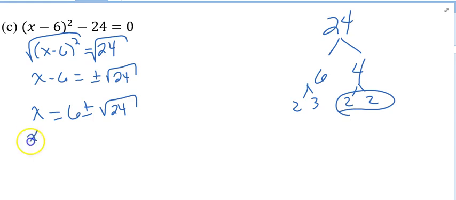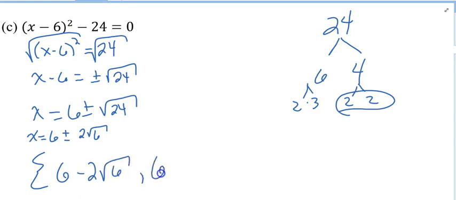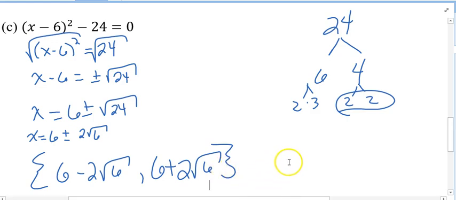So we're looking at x equals 6 plus or minus 2 square roots of 6, because we can't take the 2 or the 3 out of that square root. So our solution set now is 6 minus 2 square roots of 6 and 6 plus 2 square roots of 6. And that is as far as we can go with our solution set.